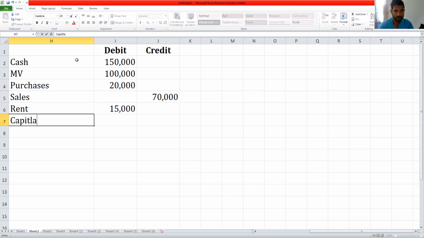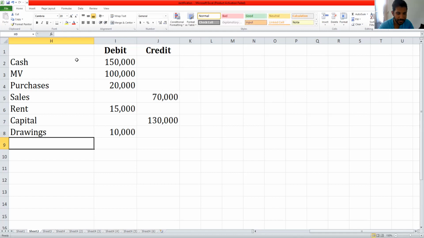Capital account. Equity account, so it is at the credit side. Then the drawings account, it is in the debit side, it's a negative equity, 10,000. Finally, the bank loan account, 100,000.